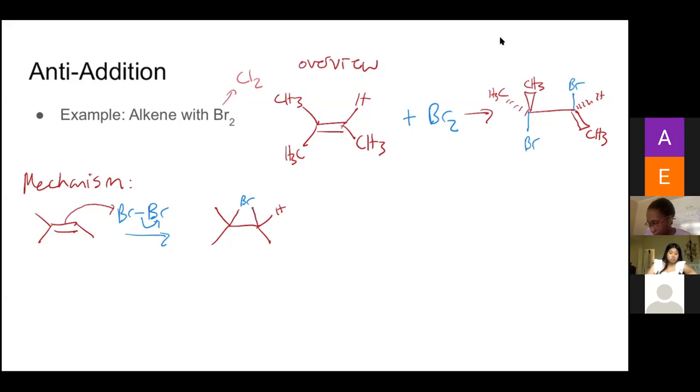And it's going to have a positive charge. This intermediate, which can be called a triangle intermediate, is also known as a bromonium ion. Sorry if that's a little hard to read.